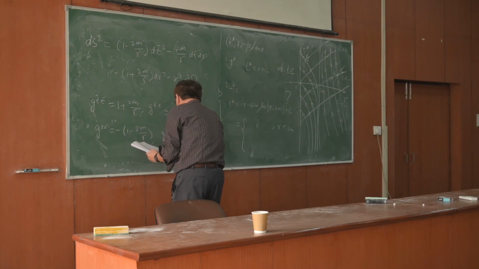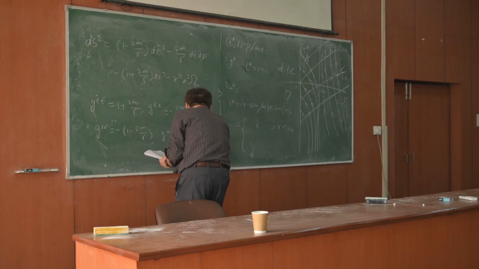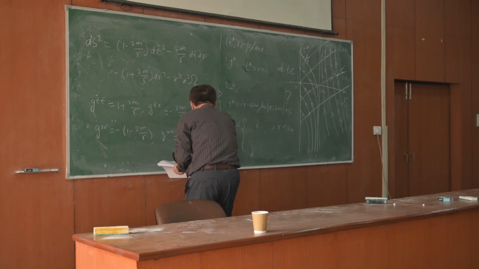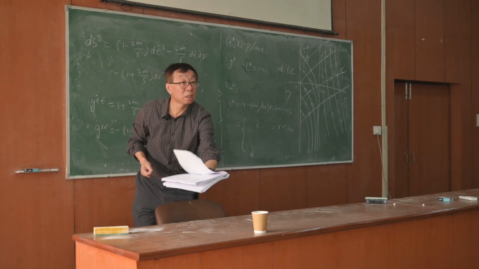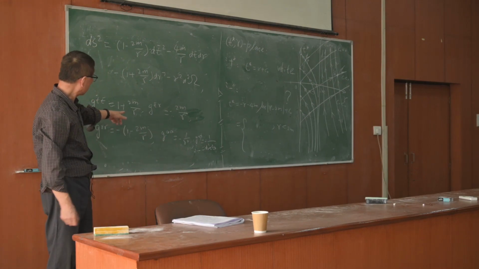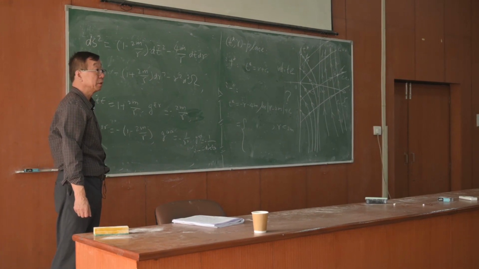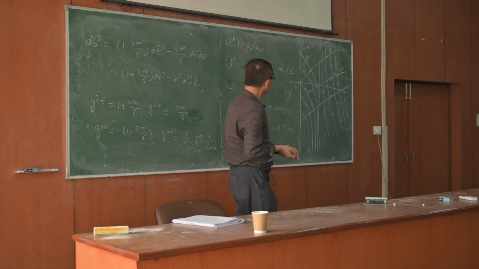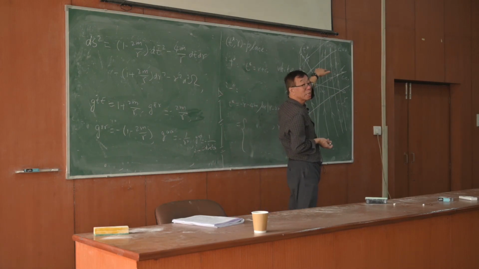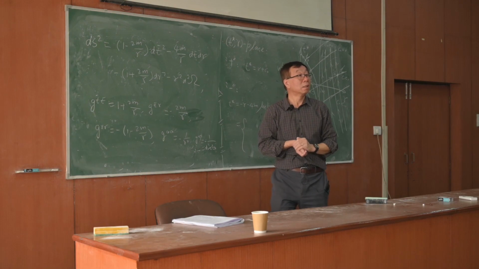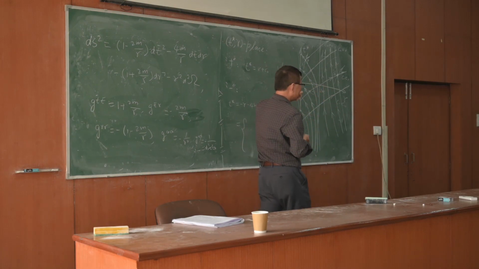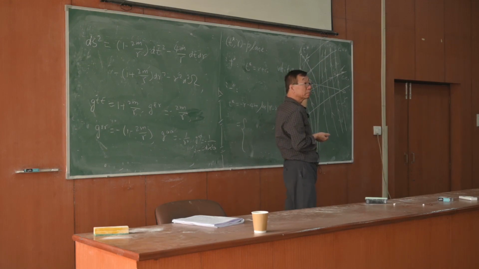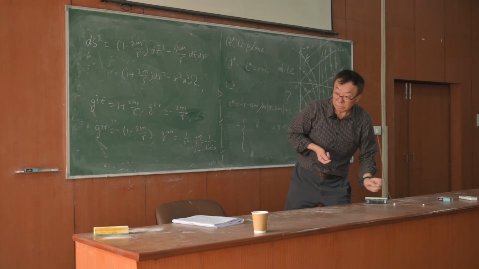Our note is right. Okay, that's right. g theta theta equals minus r squared and g phi phi equals minus r squared sin squared theta. You can see even in reverse, everything is finite, right? At r equals 2m, I do not have a singularity. My question is the following. Now this picture makes sense. All this is correct. Can you see where there's some problem with this picture? The problem is the following.